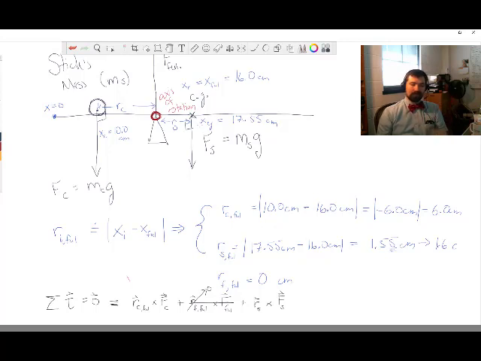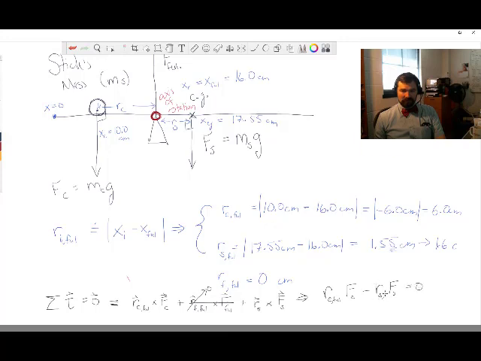The two torques are in opposite directions. So if this is plus 90 degrees, then this is equivalent to minus 90 degrees, or vice versa. So this could be equivalent to saying that R sub C fulcrum times F sub C minus R sub S F sub S is equal to 0.